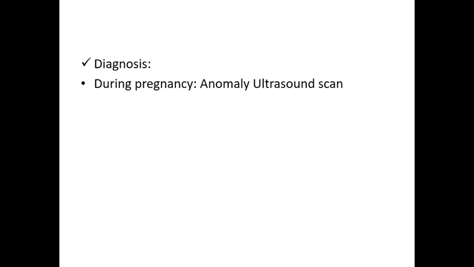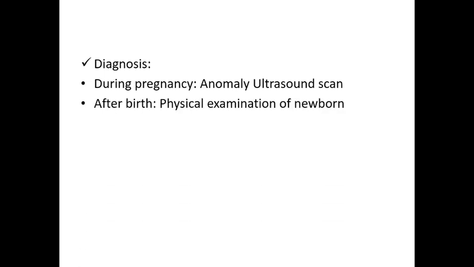Usually it is not done for all pregnant mothers, but if there is a history of a previous birth with a congenital defect, then in that mother this anomaly scan is usually done. When the baby's systems are examined organ by organ, in that scan you may detect this cleft lip. After birth, it's an obvious defect. When you're examining the newborn baby, you will see the defect in the baby's lip.